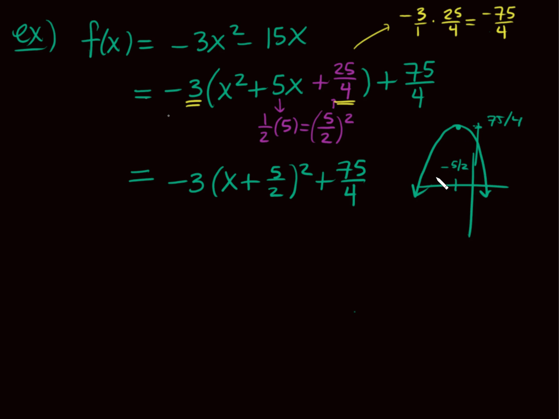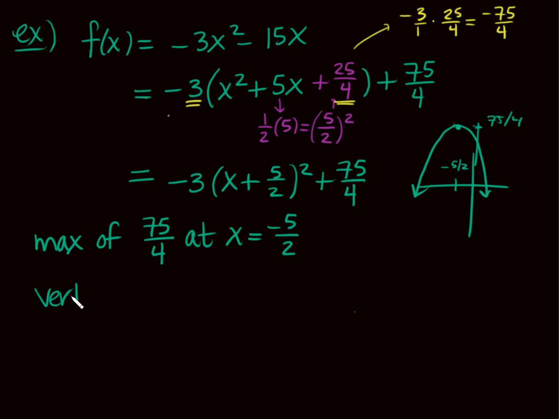Again, I don't have to have it perfectly. I just wanted to get a little sketch of it, because if I sketch it, then I can see, oh okay, I have a maximum. So I don't have to always memorize things. What is my maximum? My maximum is my y value. So maximum of 75/4. Where does it occur? It occurs at, and that helps me see what my x value is too, -5 halves.